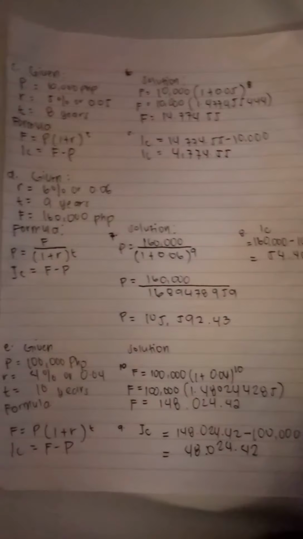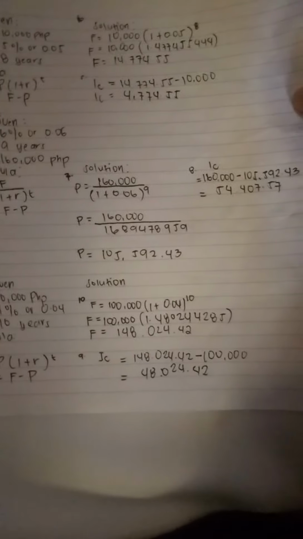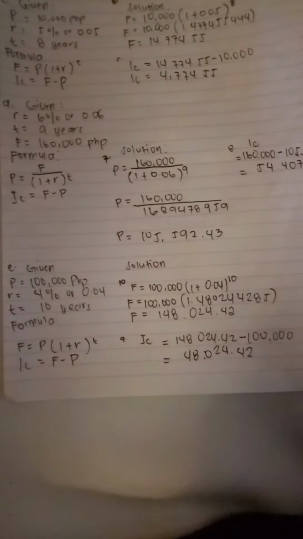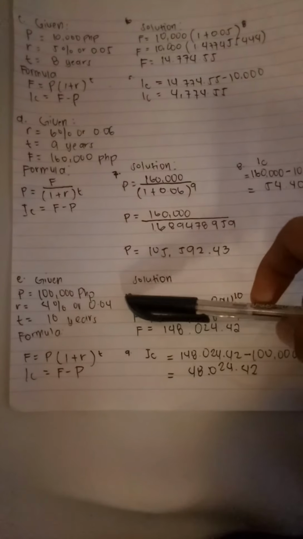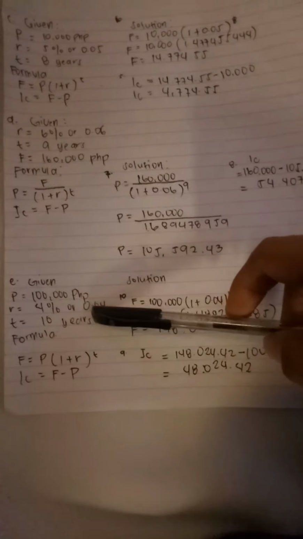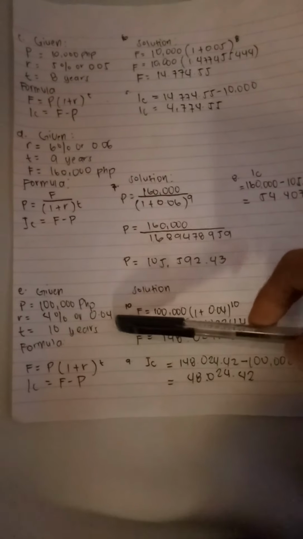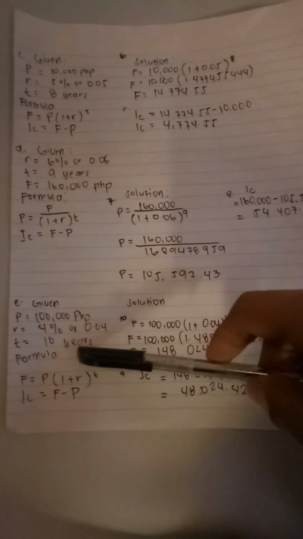Next naman po is yung for the letter E. For the given naman po, we have a principal 100,000. For the rate 4% or 0.04. The time 10 years.